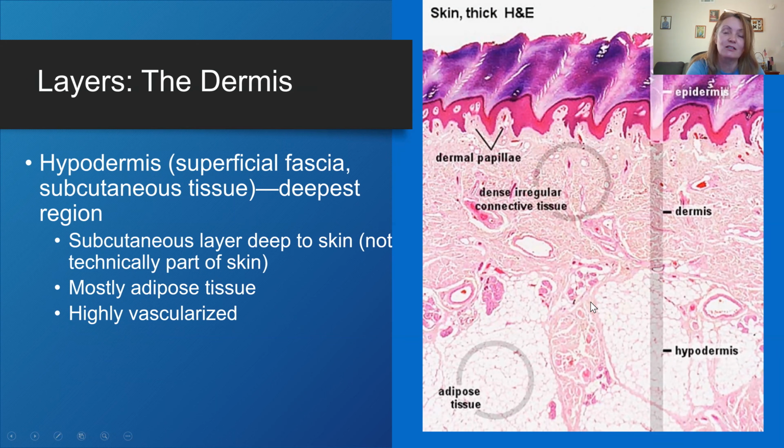So it has blood vessels, it's very vascular, and it provides some sensation as well, protection. So whatever functions your skin has, hypodermis shares most of these functions with your dermis. So hypodermis is mostly adipose tissue and highly vascularized.